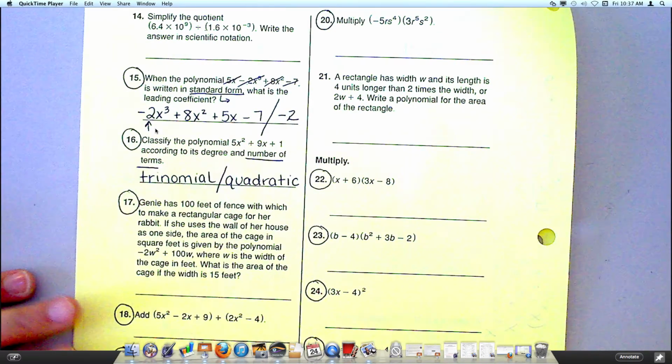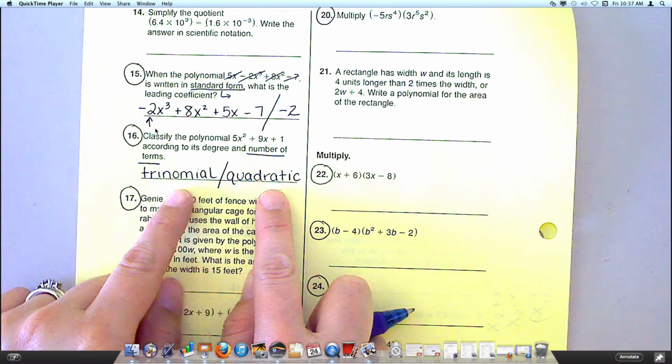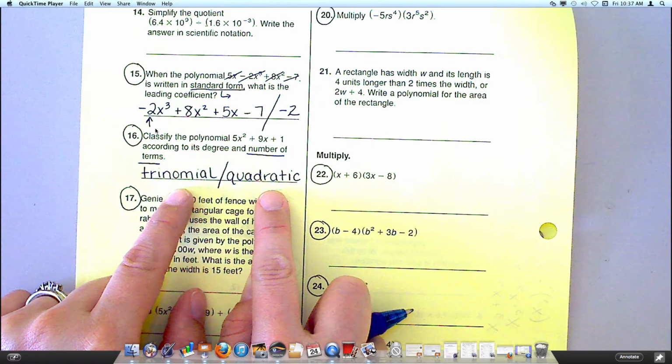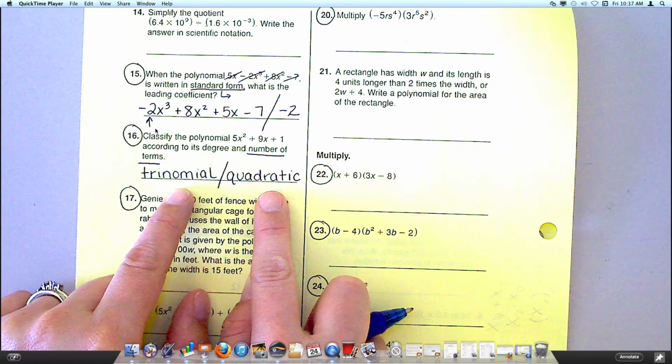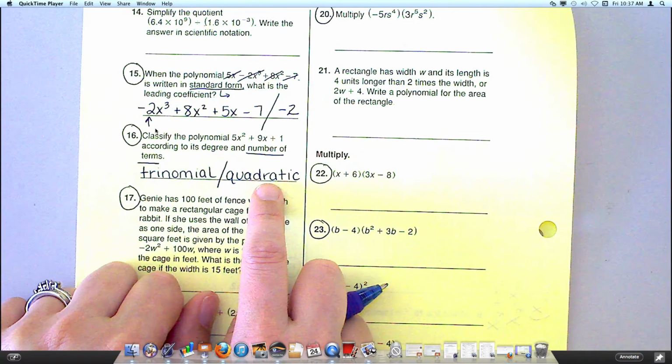So this and this are like 2 separate things. Trinomial is saying it has 3 pieces. It could have 3 pieces and be a cubic, or it could have 3 pieces and be a quadratic, or it could have 3 pieces and be something totally different. Okay, so the 3 pieces doesn't affect this name. Now a quadratic could have any number of pieces.